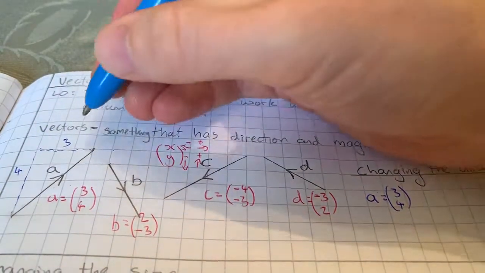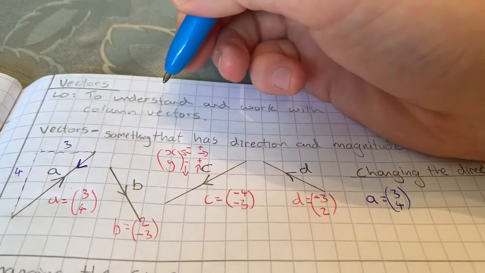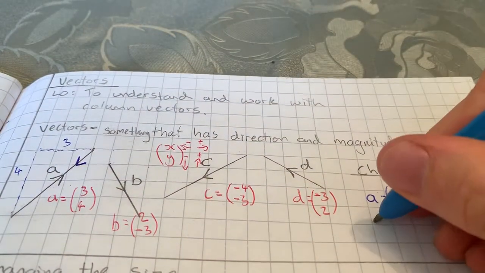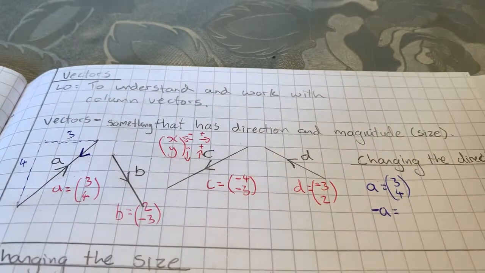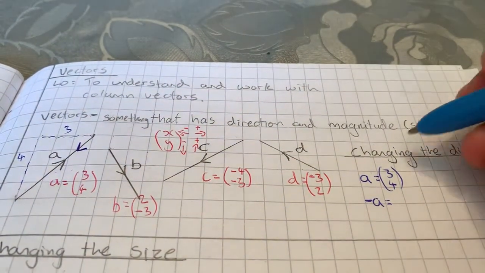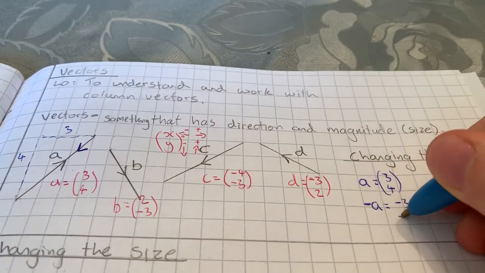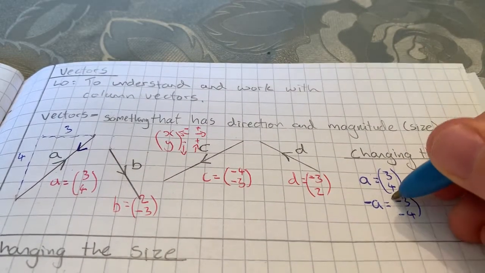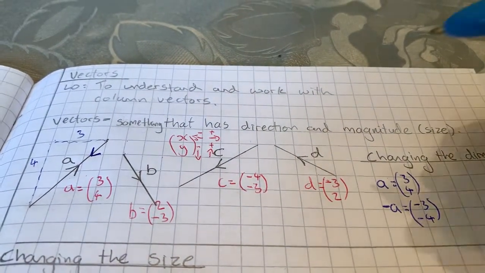Sorry about the tweeting, that's my budgie. So I want it to go this way instead now. So that will be minus A, because you're going the opposite direction. And if you do that, what you do with your actual vector values, it becomes minus 4, minus 3, because it's all going in the other direction.